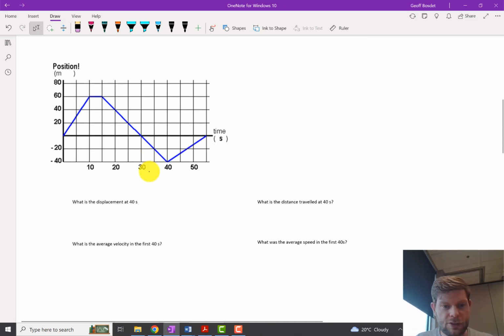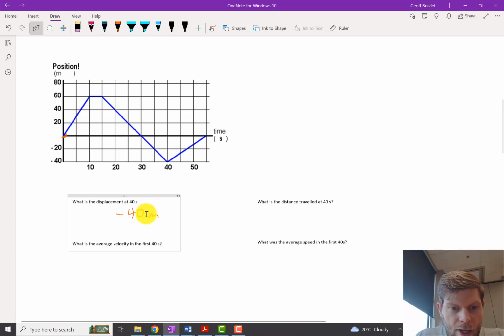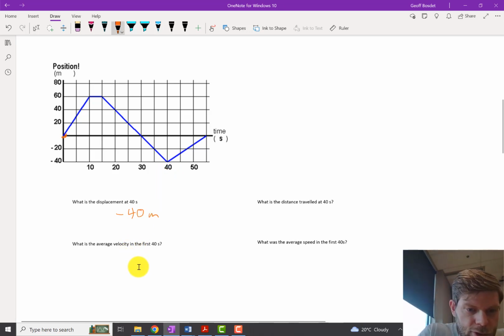A couple other little things: displacement versus distance. If I want to find displacement at 40 seconds, that is not too hard, like we said before. I started here, and now I'm at position negative 40. So my displacement is 40 meters in whatever direction is negative. And my average velocity, this is a great formula, is always equal to displacement over time.